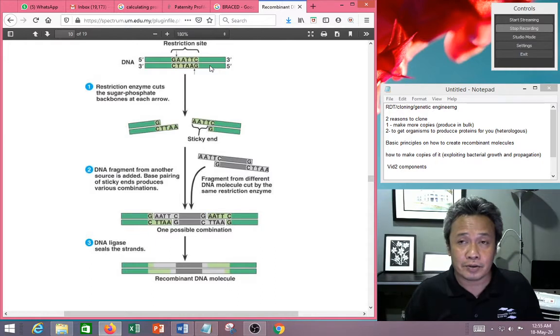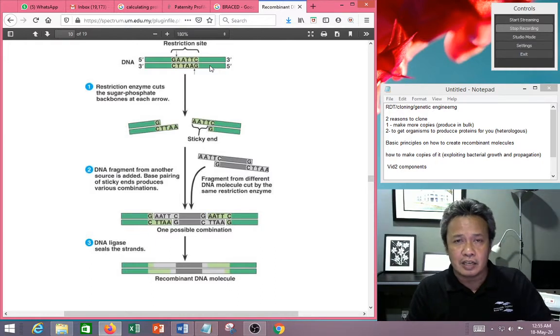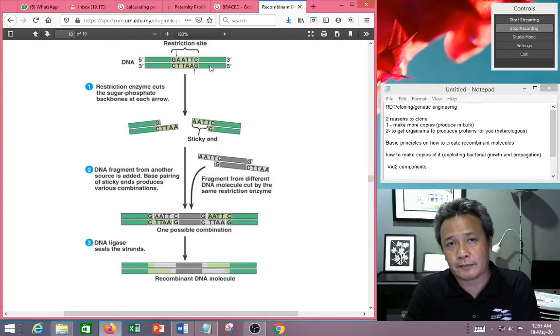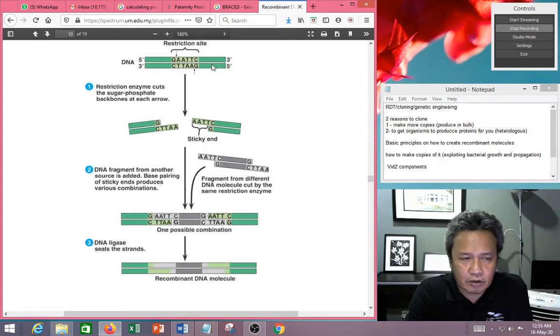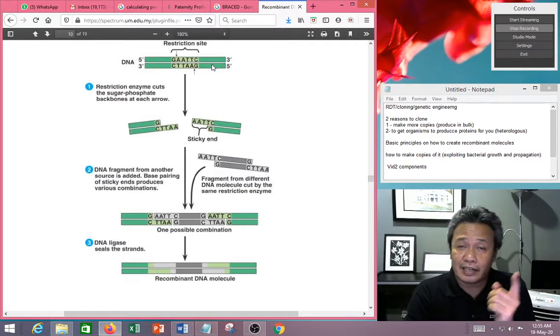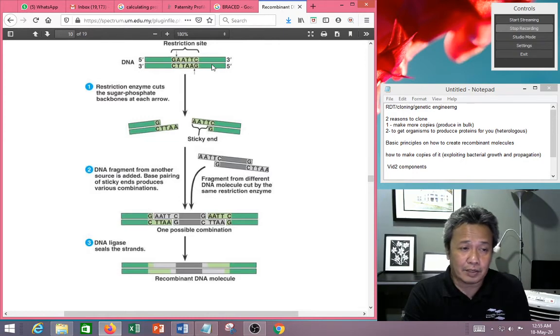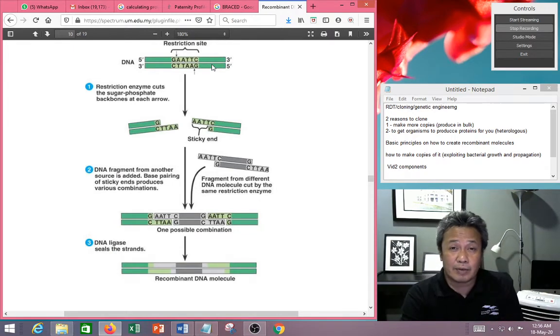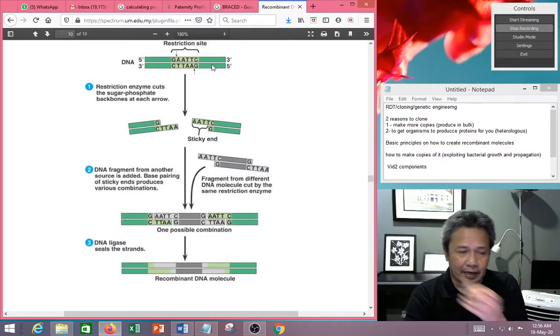So again, it's a palindrome. GGCC, the bottom strand is also GGCC, a palindrome as well. All right. So these are characteristics of restriction sites. And each enzyme recognizes one specific site. EcoR1, for example, only recognizes GAATTC. It doesn't recognize other sequences. We'll look at examples later. But each enzyme will recognize a specific site.